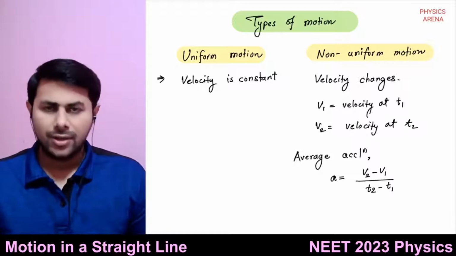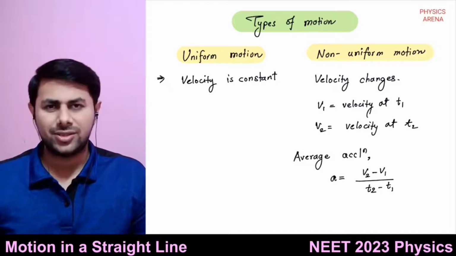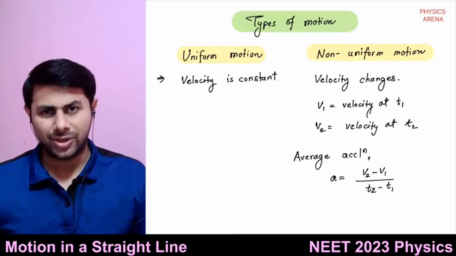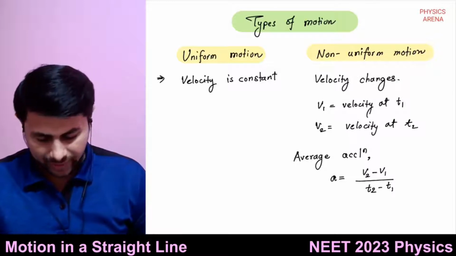Then if the acceleration is uniform, that means acceleration is constant, that kind of motion is known as uniformly accelerated motion. We'll discuss it separately, but I'm just making a remark over here.